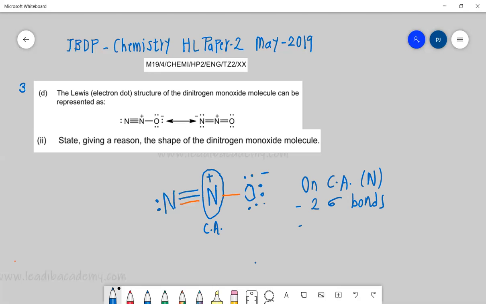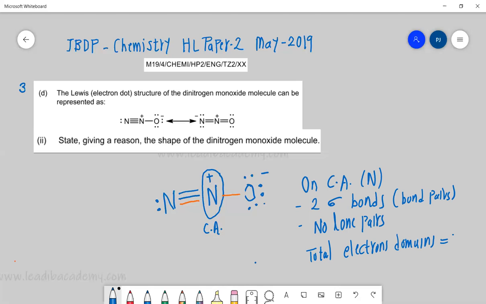That means it is deficient in electrons. Okay, electron deficient. So no lone pairs. Okay, 2 sigma bonds or 2 bond pairs. So total electron domains is equal to 2. And we know very well, if there are 2 electron domains, then the shape is linear.